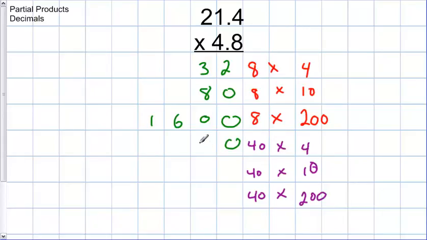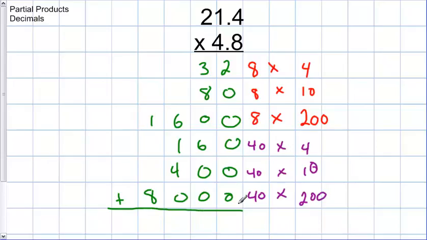Put a 0 down, 4 times 4 is 16. 2 zeros. 4 times 10 is 40, 4 times 4 is 16. 3 zeros. And 2 times 4 is 8.